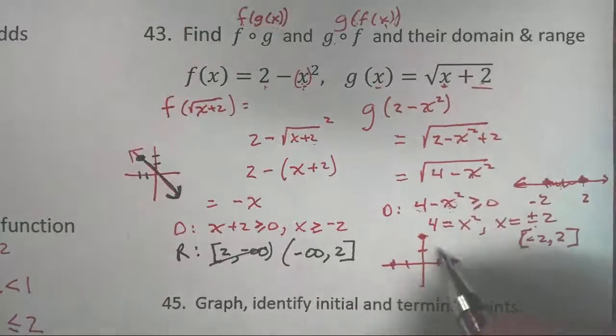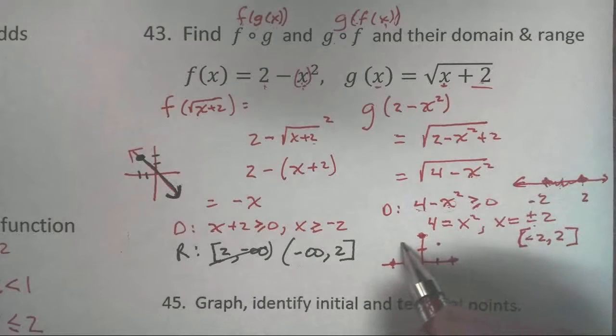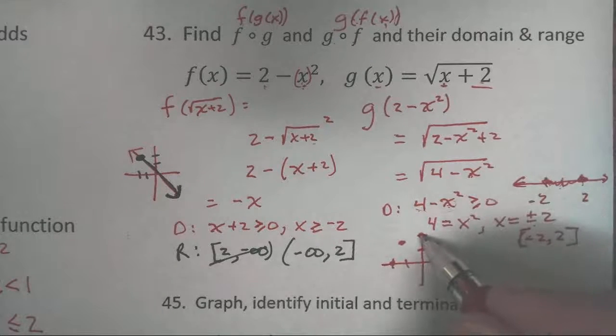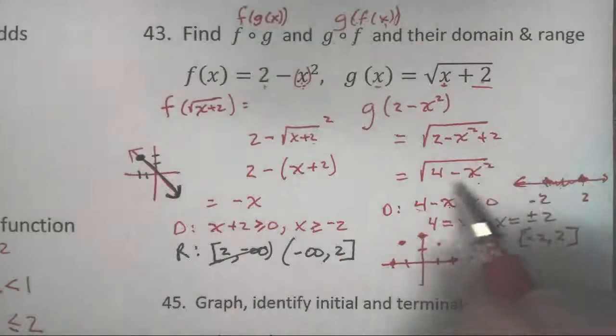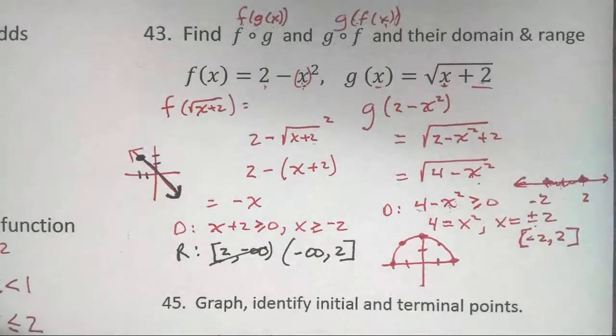And if I put in 1, I get square root of 3. And if I put in negative 1, I still get square root of 3. I think we've got perhaps half of a circle going on here, or part of a parabola, maybe. But I definitely have a shape that seems like it's going to fit in here. So, is it parabolic? Is it circular? Is it part of an ellipse? That's a study for another time.